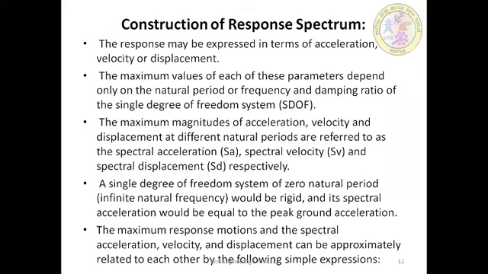The maximum magnitudes of the acceleration, velocity and displacement at different natural periods are referred to as the spectral acceleration, spectral velocity and spectral displacement, because it is a response spectrum with maximum ordinates. That's why it is called acceleration from the spectra. A spectrum is the diagram or figure from which we get it. SA is spectral acceleration, SV is the pseudo velocity or spectral velocity, and SD is the spectral displacement.